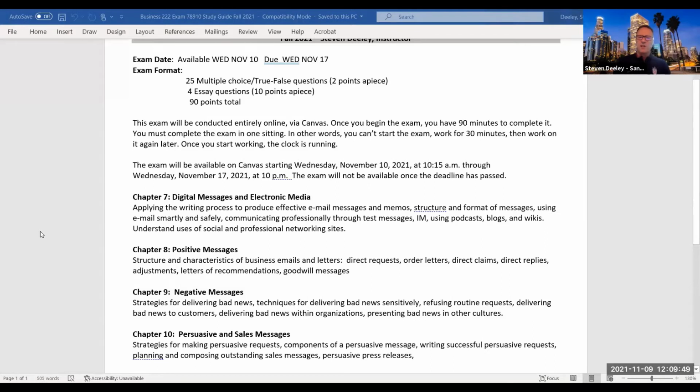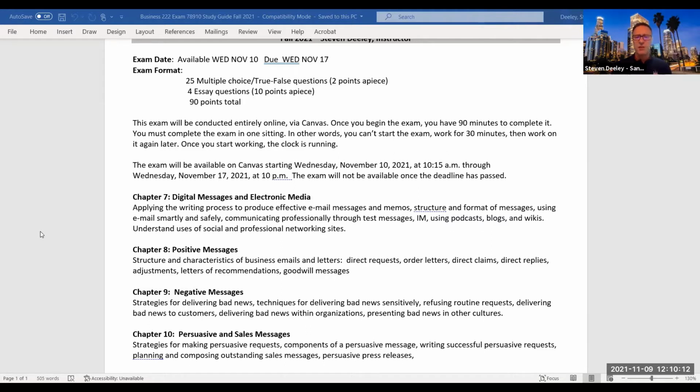What I've listed here are just some of the basic concepts from each chapter that will be included in your multiple choice questions. It's by no means a comprehensive list, but look at the notes I posted, look at the slides. You've taken Cengage quizzes and you've read the chapters, so you should be well versed in these.